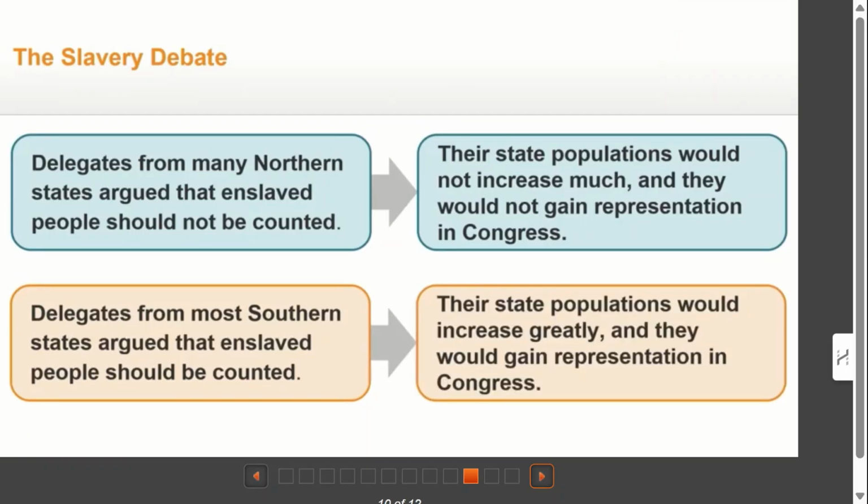Southern states would see dramatic increases in their population figures and increased power in Congress if enslaved people were counted. Northern states didn't want to give more power to slaveholding states, so they opposed the measure.